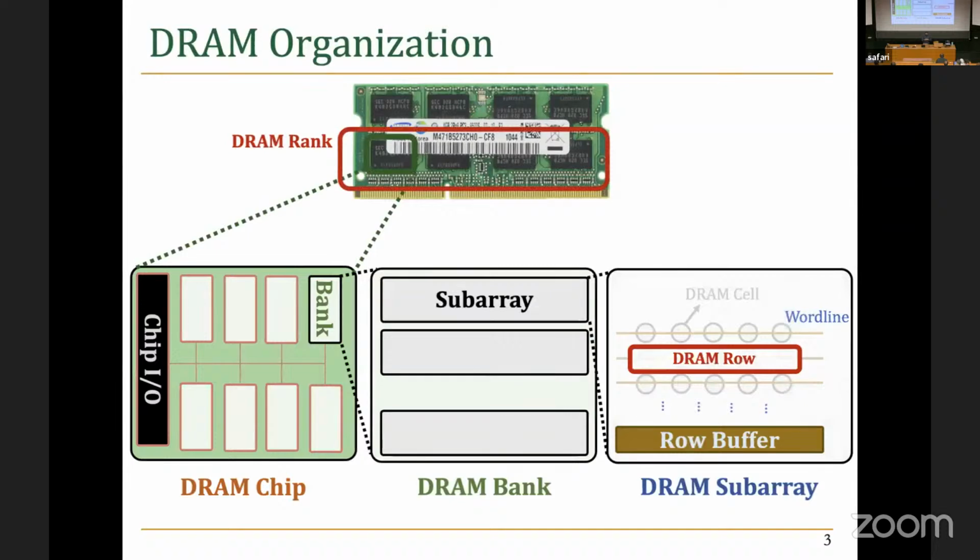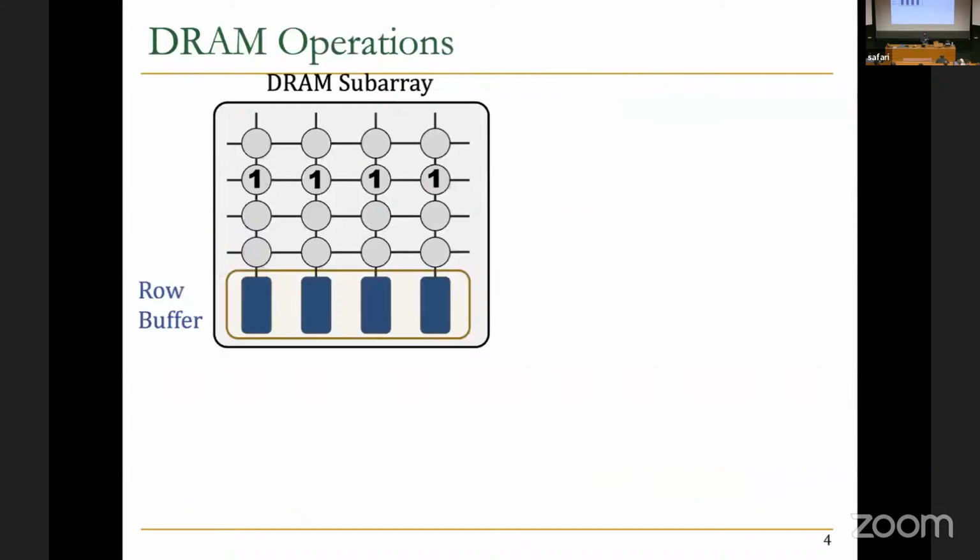We access these DRAM cells internally at DRAM row granularity by activating or asserting word lines. When we do that, there are vertical bit lines that connect these cells to a row buffer structure, where we can perform read and write operations.